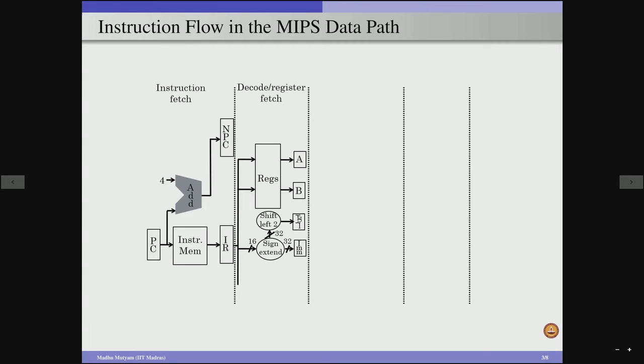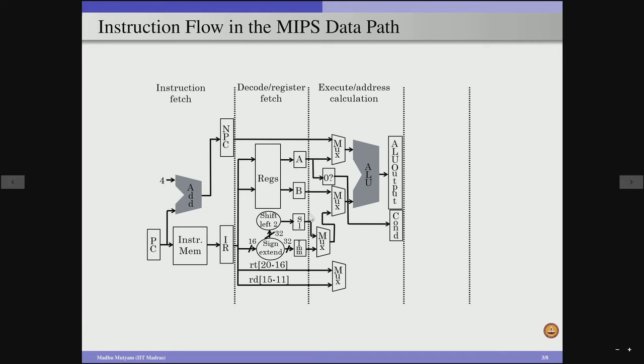And then next, once we have the contents in the A and B registers, we consider a collection of muxes to select between the NPC or A as an input to the ALU. Similarly, the A value will be compared with 0 to see whether the condition is going to be true or false, and that will be stored in the condition register here.